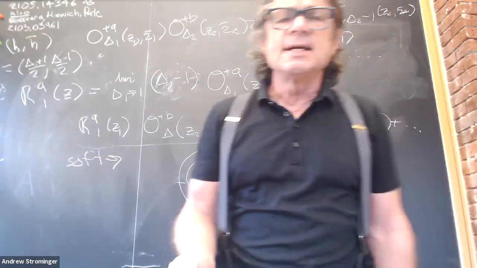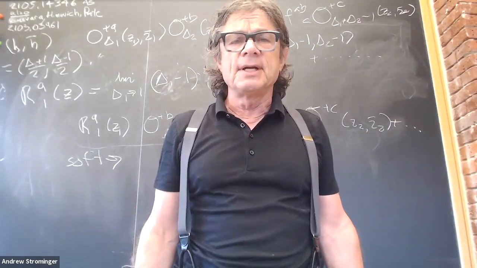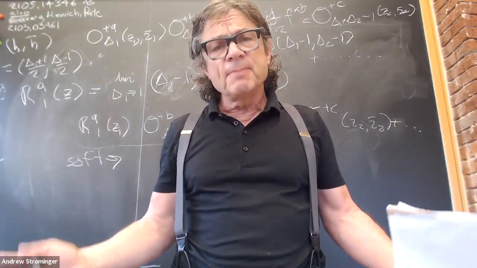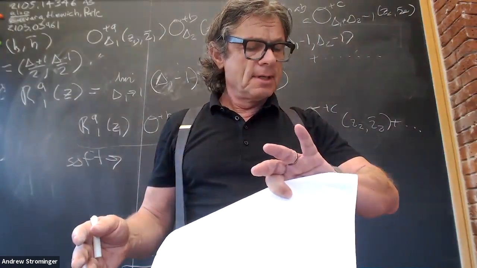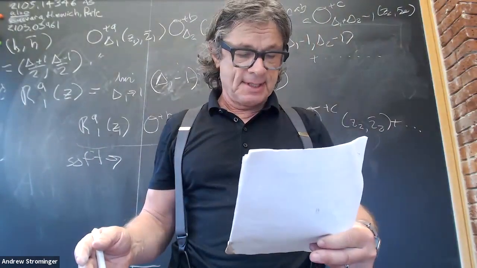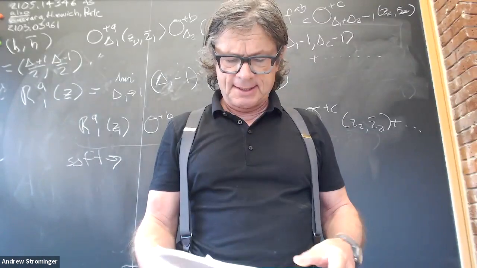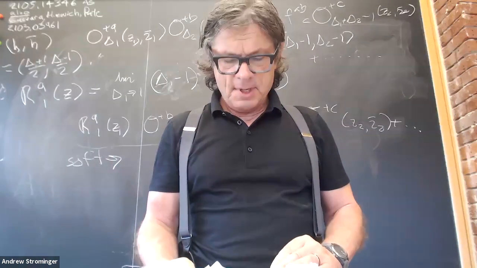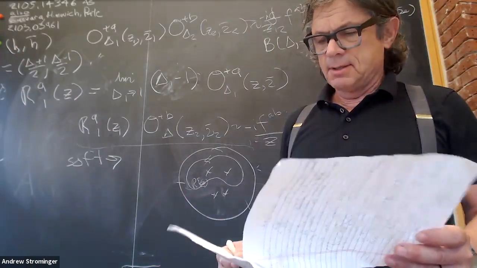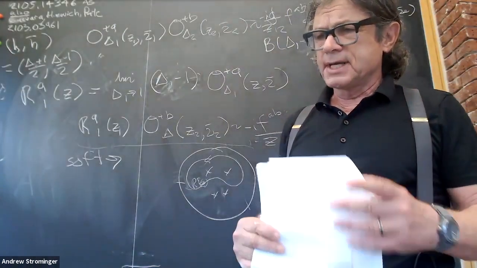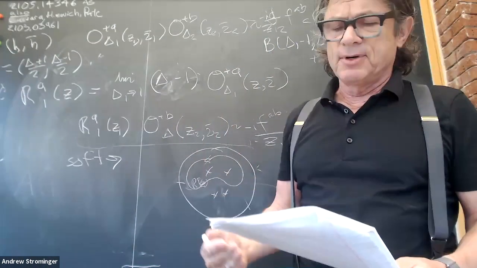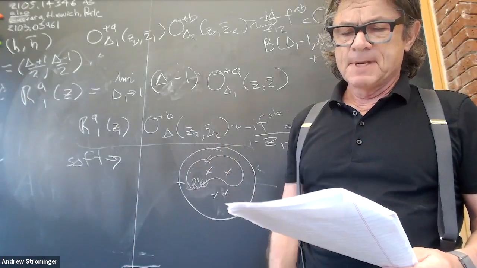Those Ward identities can either be interpreted as the soft photon theorem, or they can be interpreted as the infinite number of asymptotic symmetries.